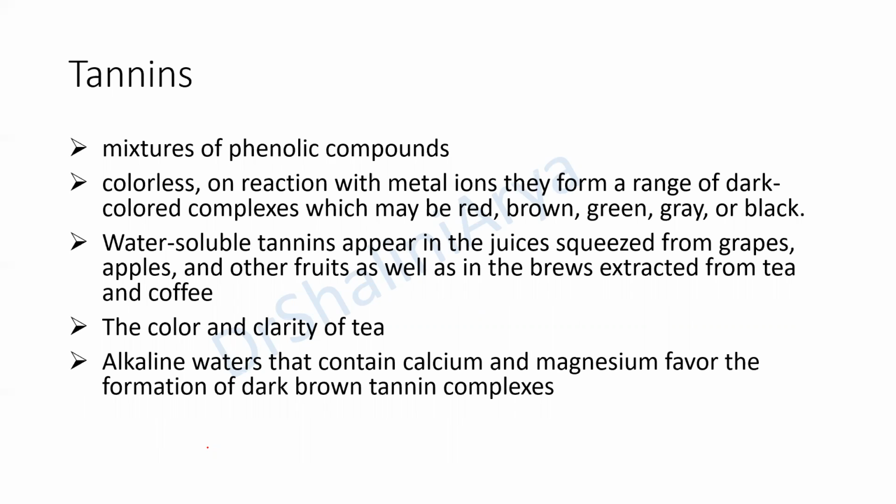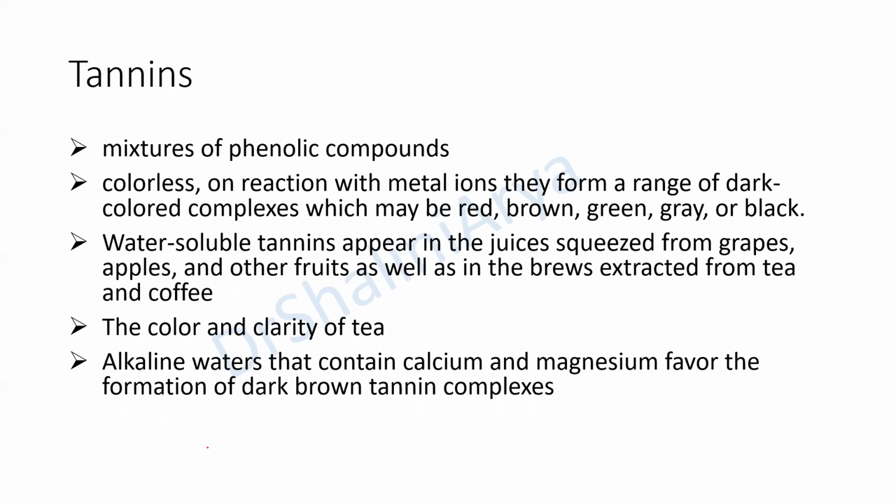We all know that tannins are a complex mixture of phenolic compounds found in plants, and under most circumstances they are colorless. But when there is a reaction with metal ions, what happens?